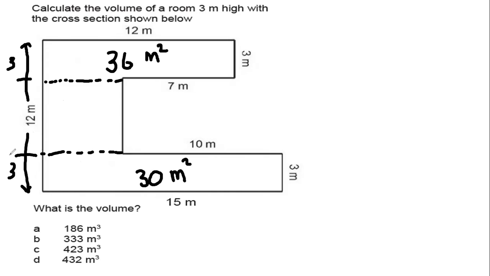So 3 plus 3 is 6. So we shave off a total of 6 from the 12. So therefore this little piece here has to be 6 meters. Thank you. All right.